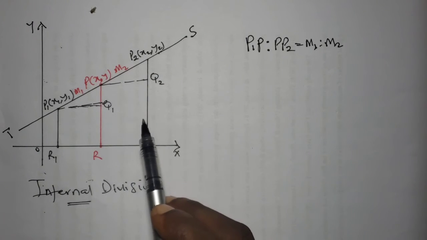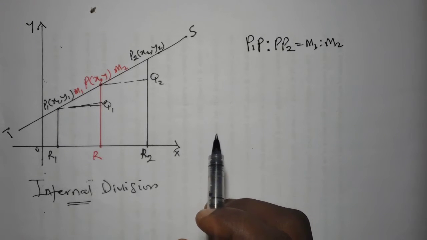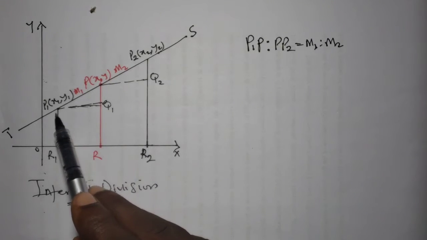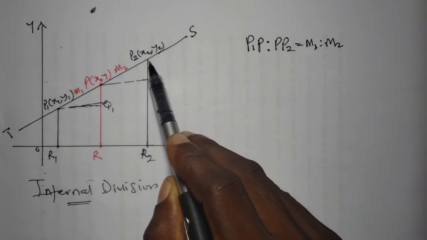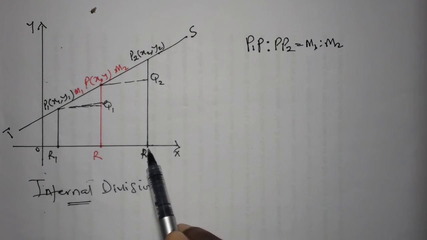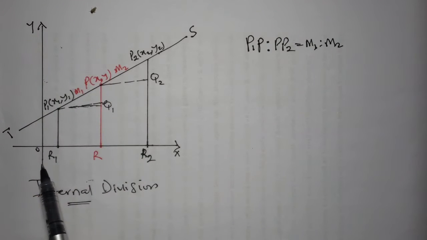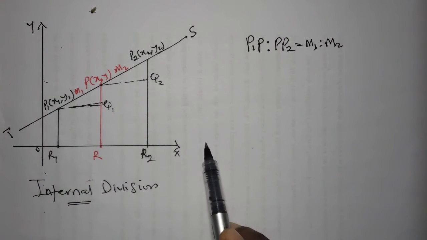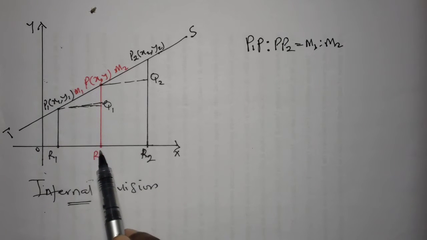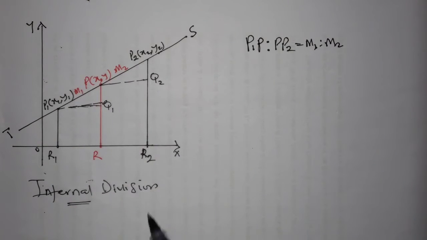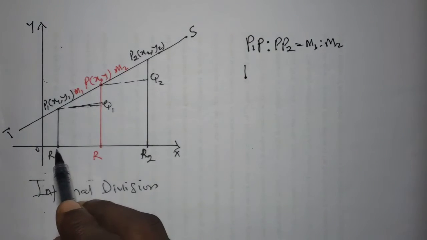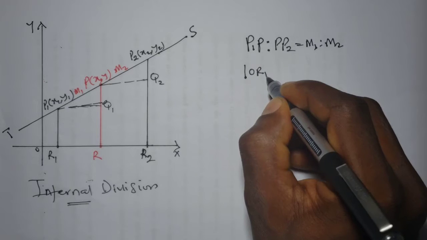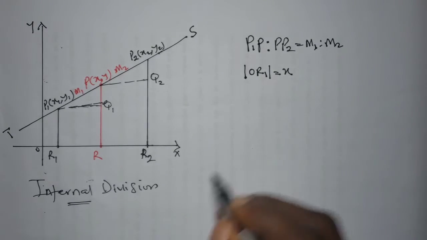From this diagram, we get the following. We see that the line P1R1, the line PR, and this other line P2R2 are all drawn parallel to the y-axis, and they meet the x-axis at the points R1, R, and R2 respectively. With this, we get that line OR1 is equal to x1.